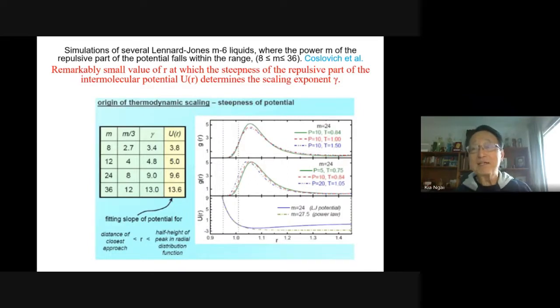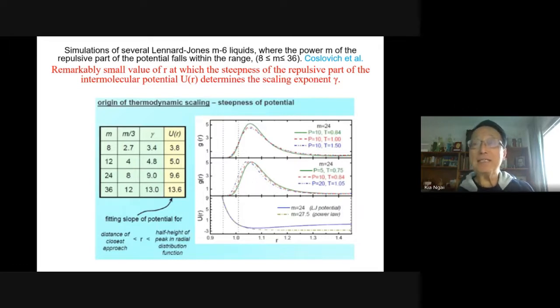So that means even though there's an attractive potential there, it really doesn't hurt that much, because the slope at the approximation with the power law is very similar to the actual one. But look what happened. On the top is the g of r, okay?